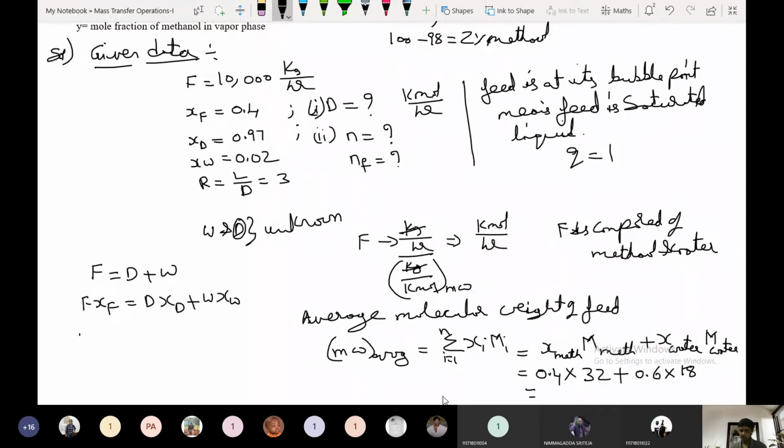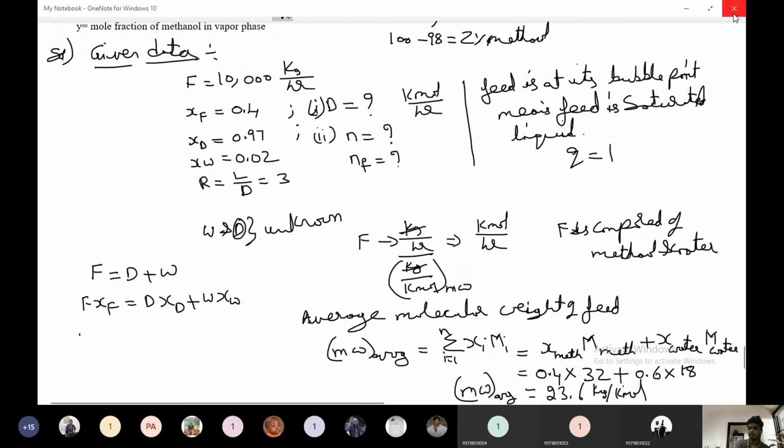This will give the average molecular weight, 23.6. This will have units of kg per kg mole.